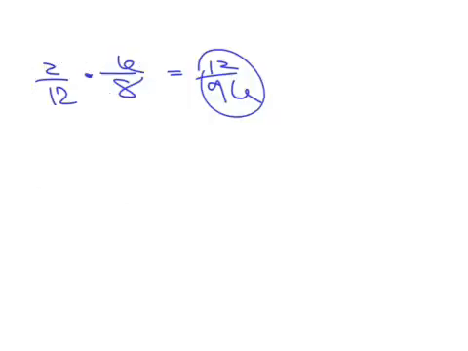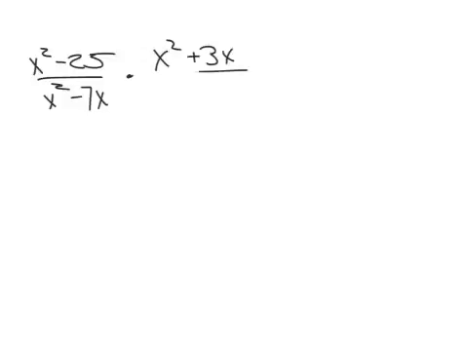Sometimes we're going to have some pretty hairy looking equations or expressions, and we're going to be asked to multiply those. So let's say that we're given this, and we're going to multiply that by this, over that.